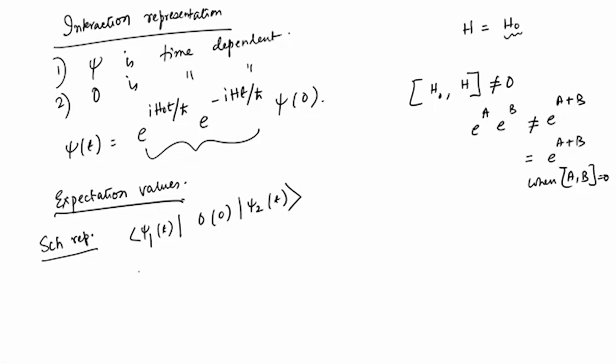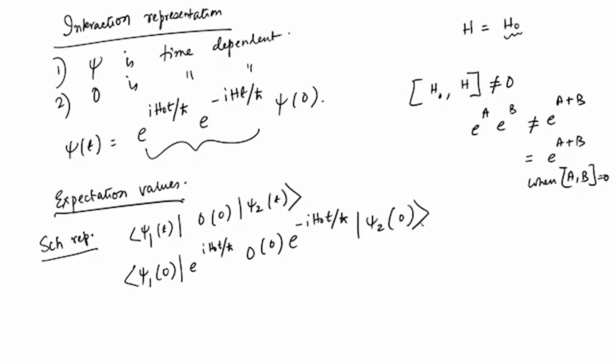So, this is equal to psi 1 of 0, exponential i H naught t by h cross, O of 0, exponential minus i H naught t by h cross, and then you have psi 2 of 0, and this is nothing but O of t. And you would write the expectation value of an operator O of t between the wave functions as this, which is the same as the Heisenberg representation.